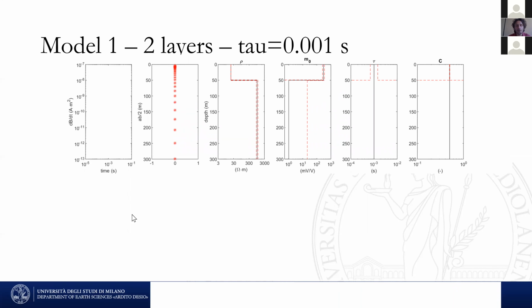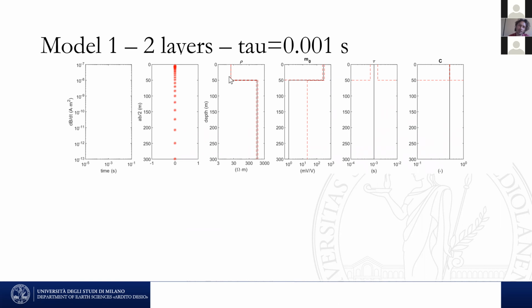So here we have the vertical electrical sounding with 25 parapods. In this plot, we have AB/2 as a function of depth. This is the way in which we describe our vertical electrical sounding. And then in the other 4 columns, we have the model.